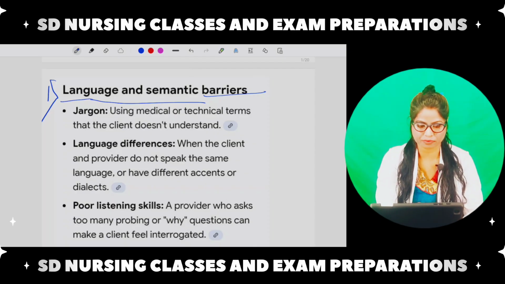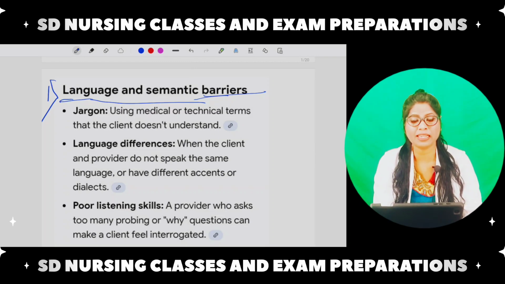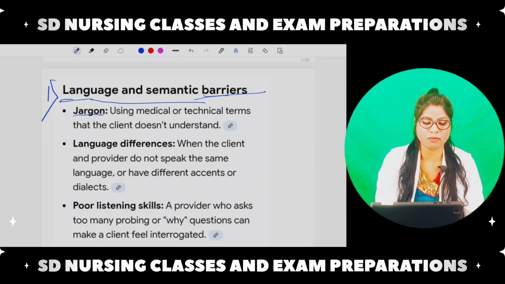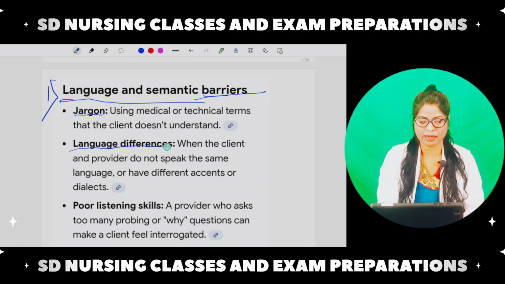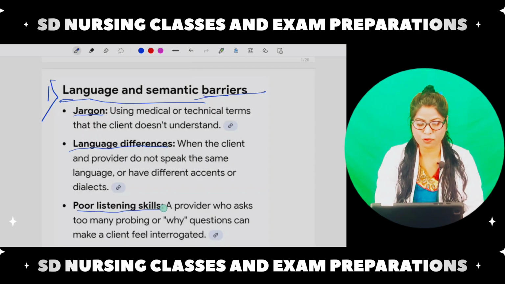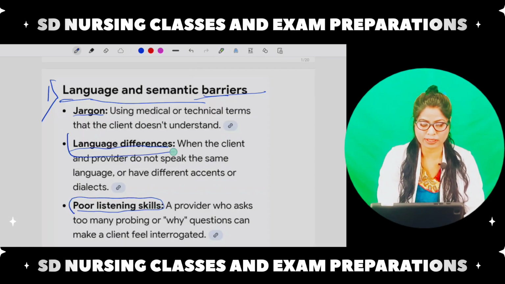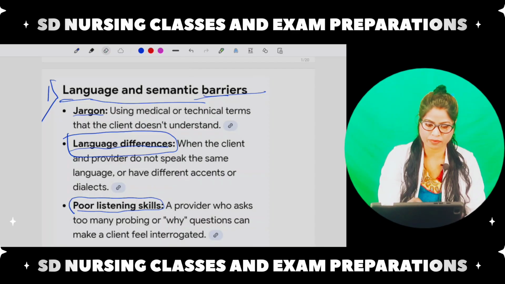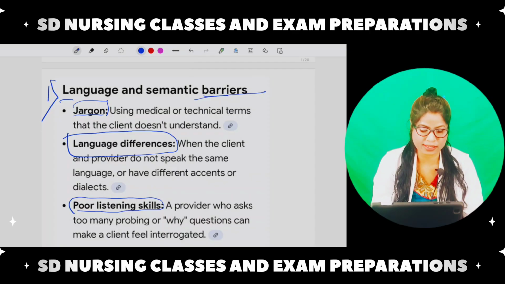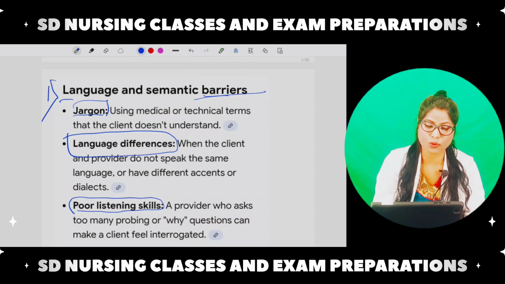So in language and semantic barrier, what all things come? Jargon, language differences, poor listening skills. So these are three types: one is jargon, language differences and poor listening skill.